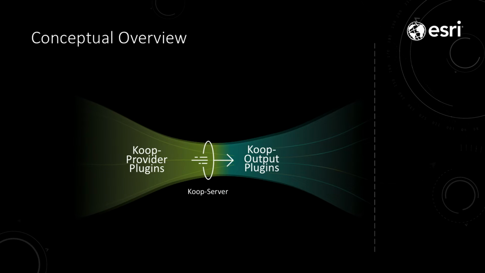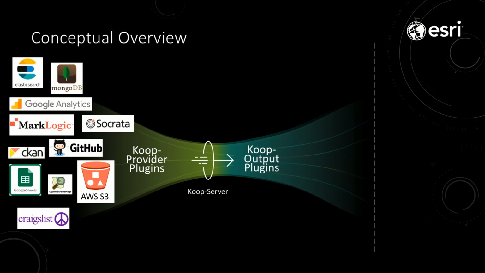Conceptual overview. There's this web server, and then we've got two main types of what we call plugins: Koop providers and Koop output plugins. A provider is really a data adapter for things like Elasticsearch or MongoDB or AWS S3. So the providers reach out to these other APIs and pull in data, and then shove it off to these output plugins.